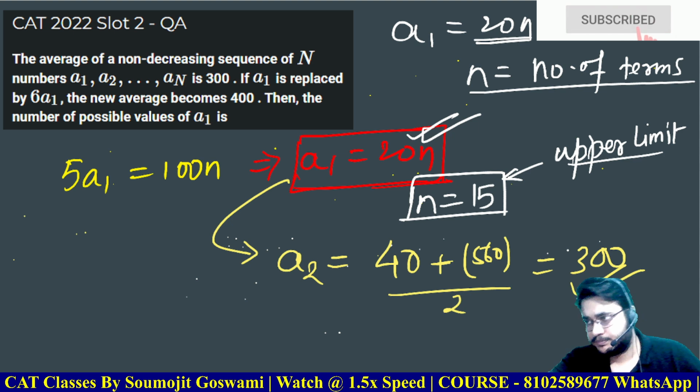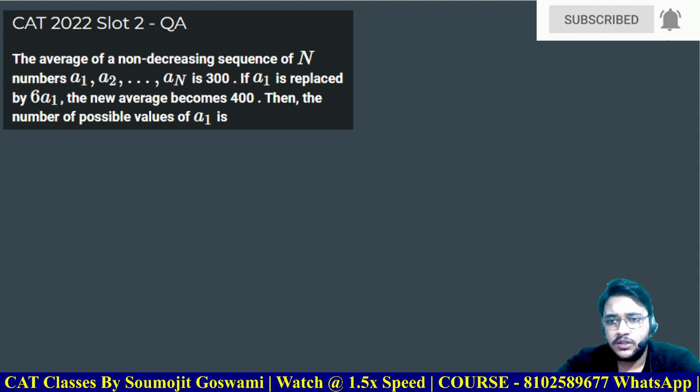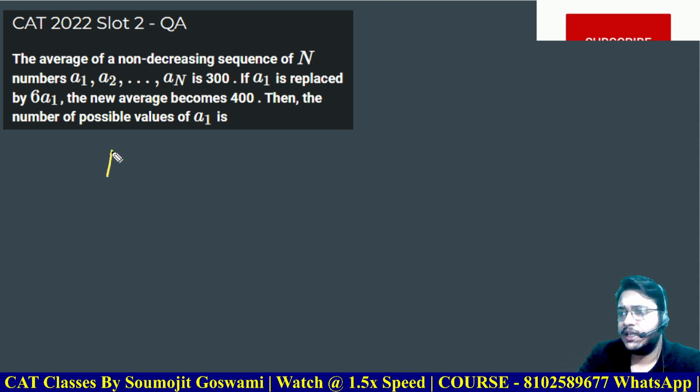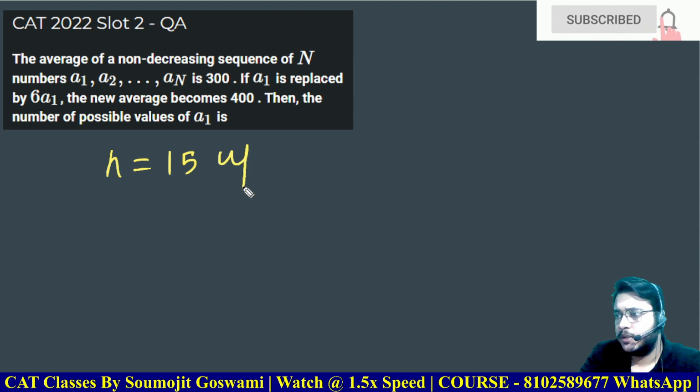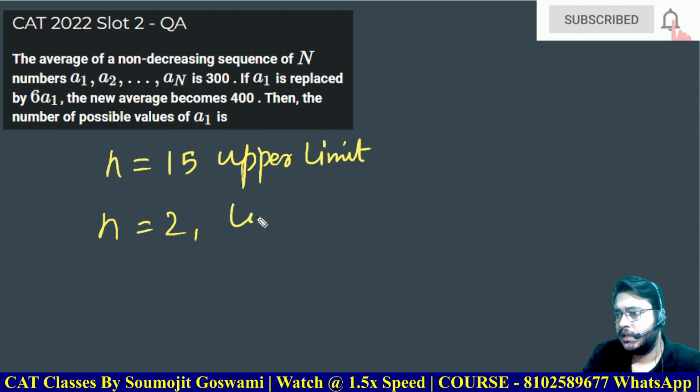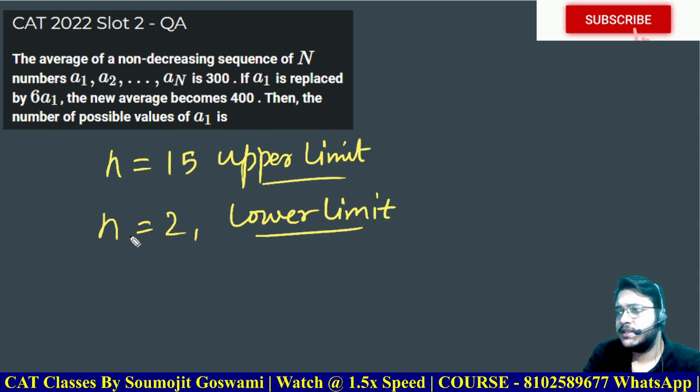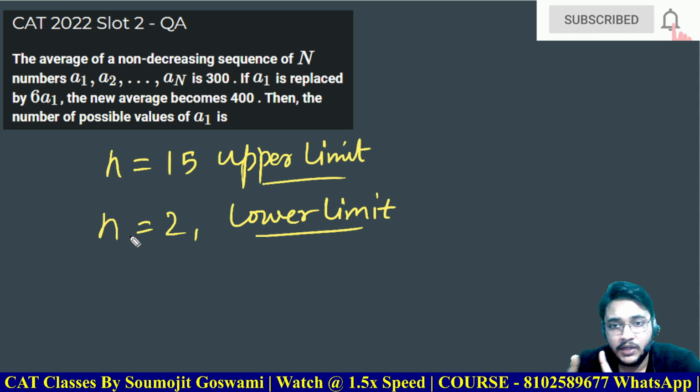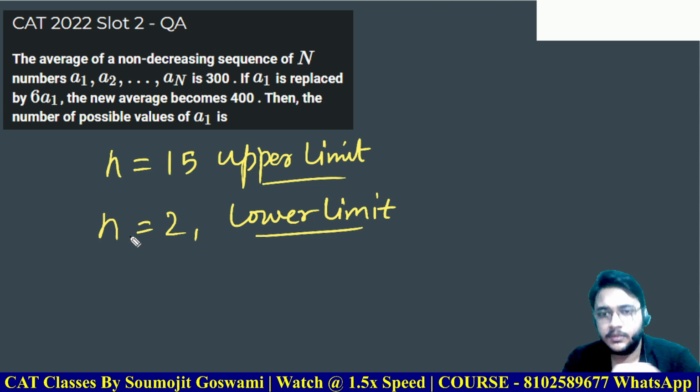Okay, so what am I looking at? I'm looking at n is equal to 15 as my upper limit for this, and n is equal to 2 as my lower limit. And why is this business of upper limit, lower limit? Because we're looking at a string of numbers.